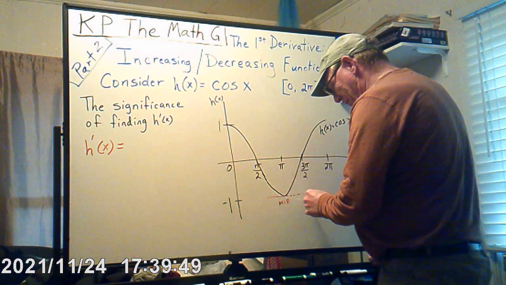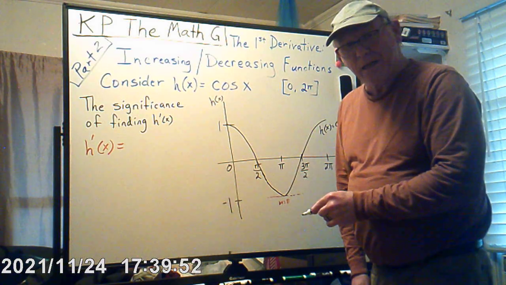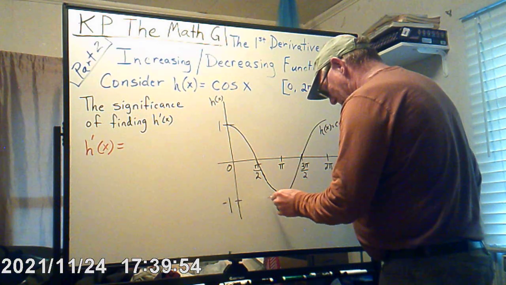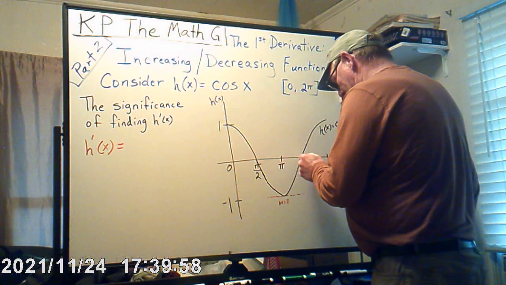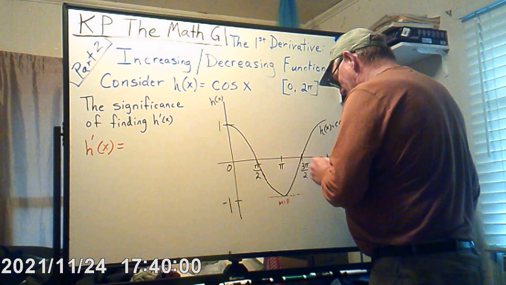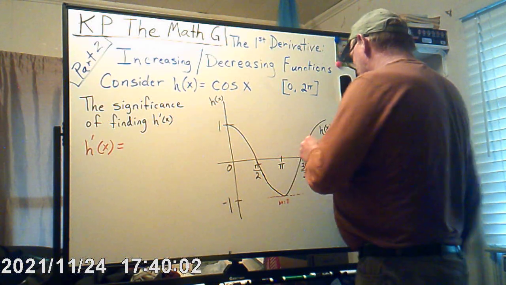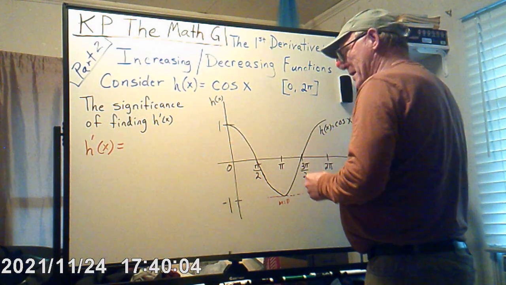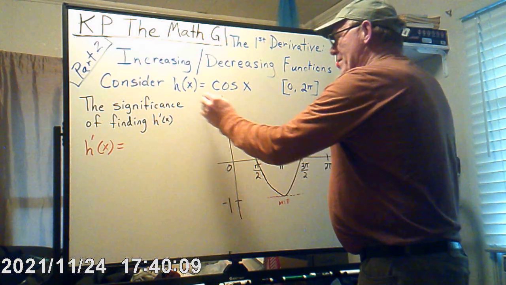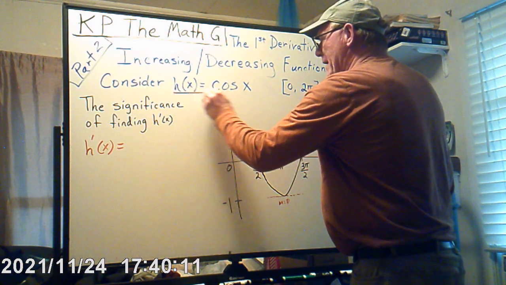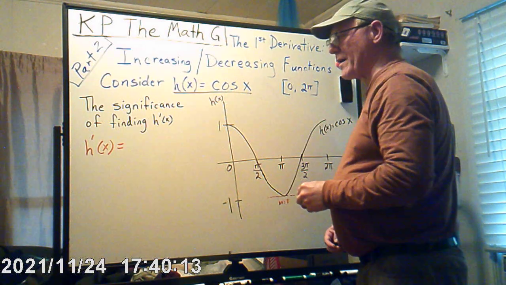We see that we have a horizontal tangent line here at pi, don't we? And then at 3 pi over 2, the value there is 0, and at 2 pi the value is back up to 1. Alright, so that is the graph of h of x equals cosine x.